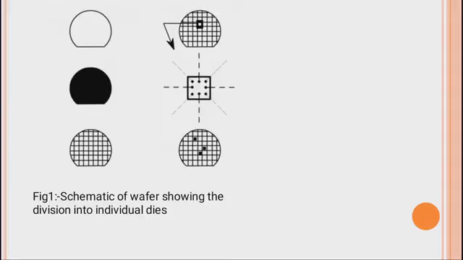So the starting material is always a single crystal wafer made of silicon, and these are the end products I mentioned, the dies or ICs. All of these are the end products of fabrication, and the intermediate steps are referred to as wafer fabrication.